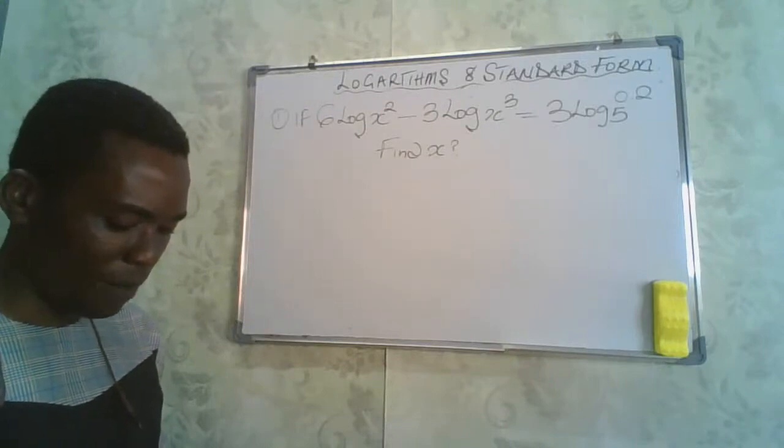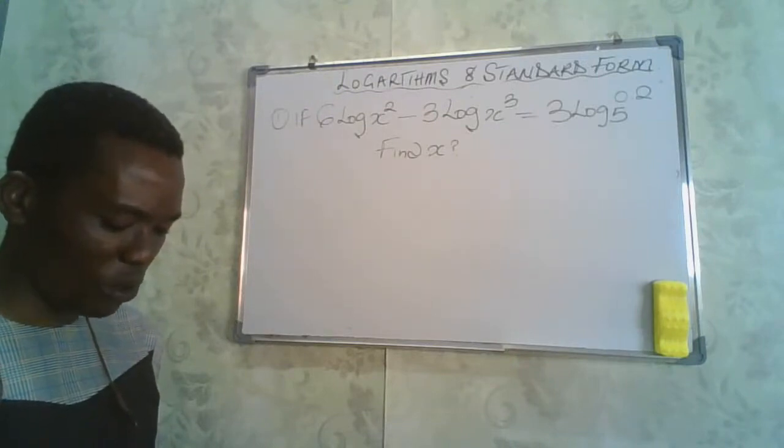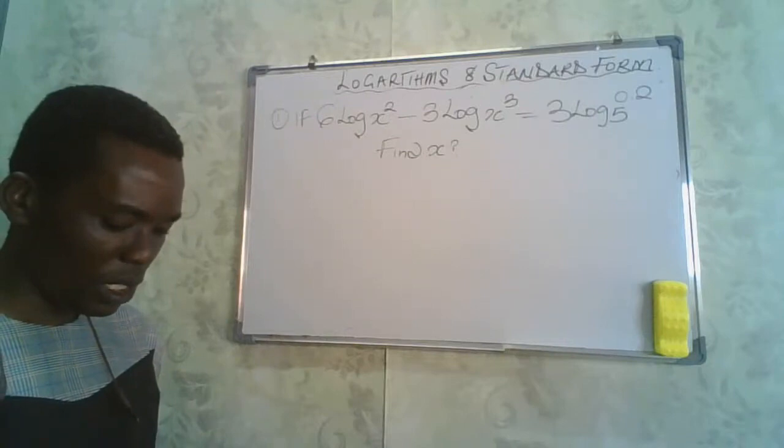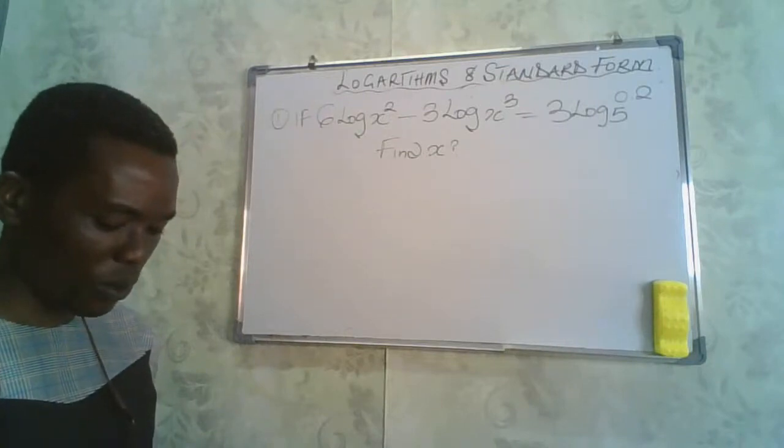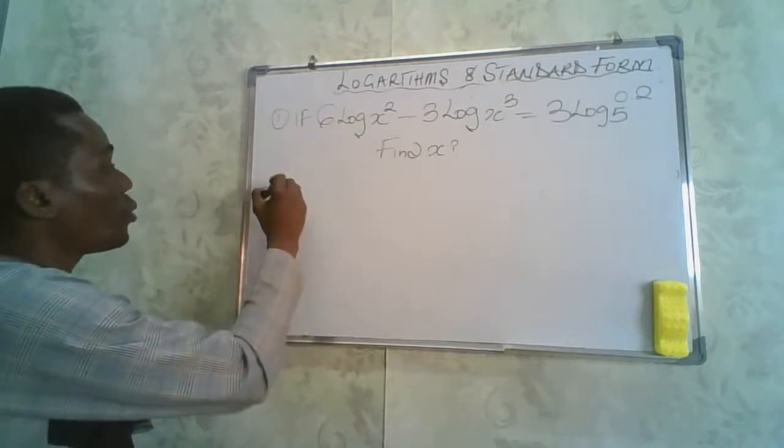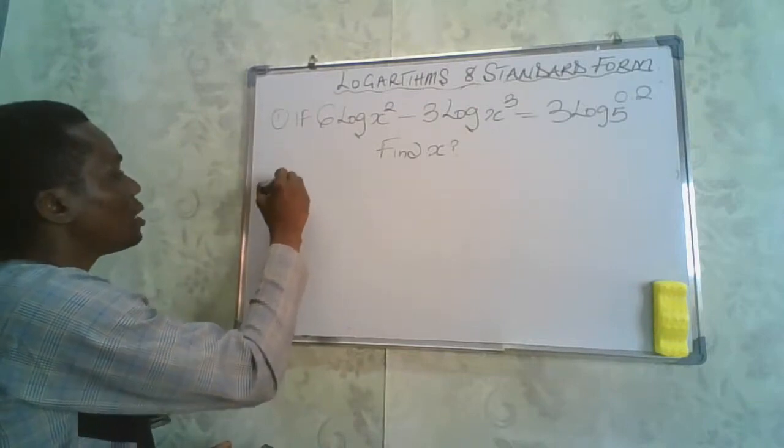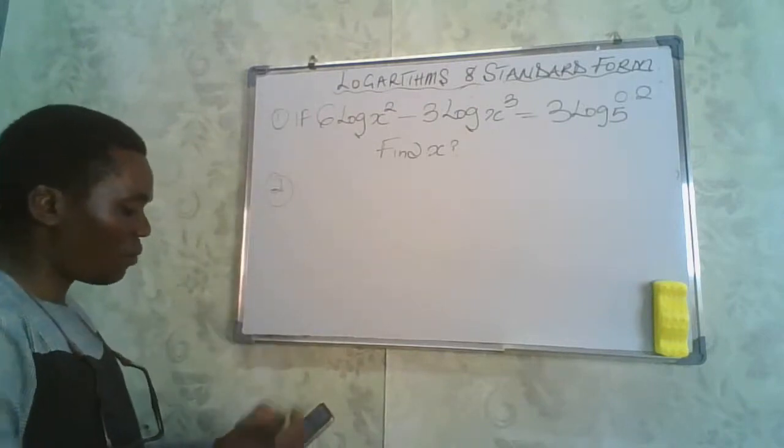Now, I want you to have that. And finally, I want you to look at this question and then see how you can solve it. These are JAMB questions that have common base.